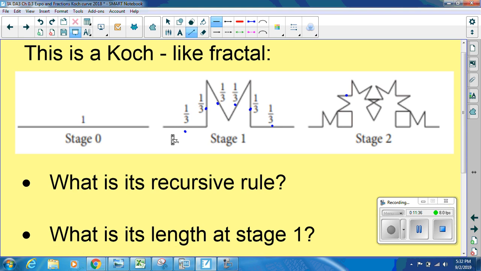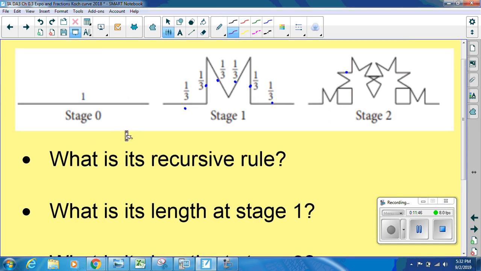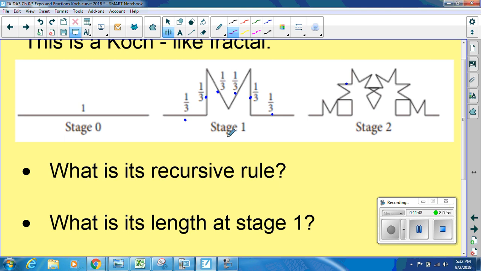Let's take a look at this one. I'm going to skip here to the second part. What is its length at stage 1, just for time's sake? Sorry, length at stage 0 is 1. What's our length at stage 1? Well, if each piece is a third, it looks again like the Koch curve, I've broken this up into thirds and bumped up 2 pieces, right?